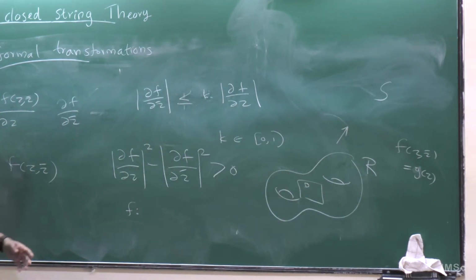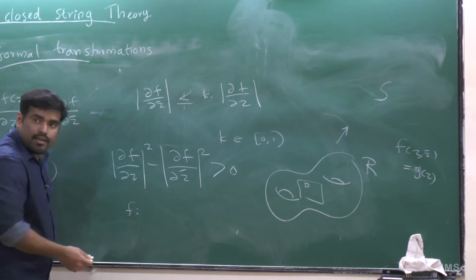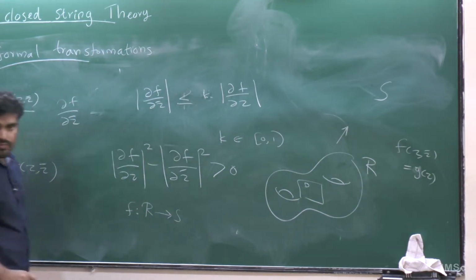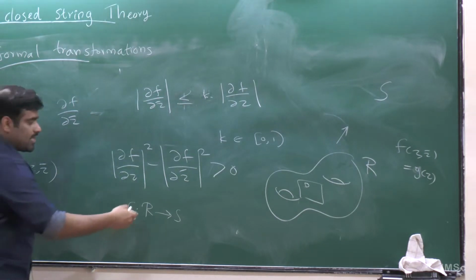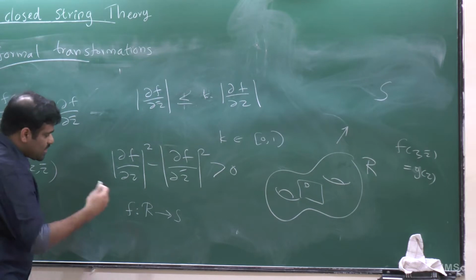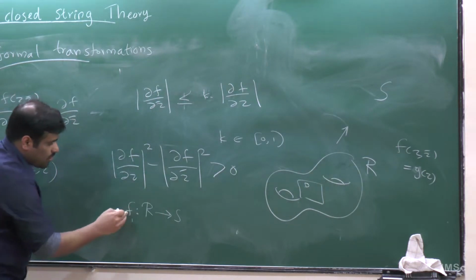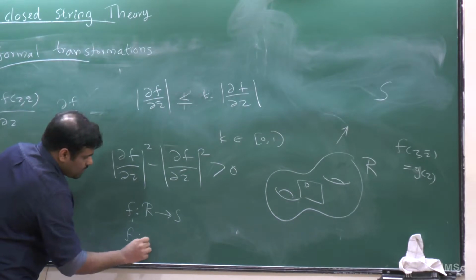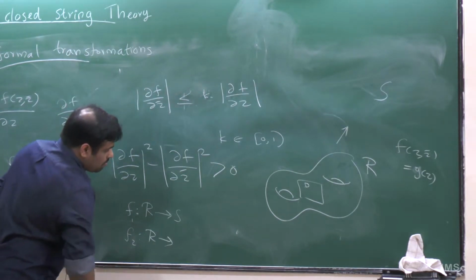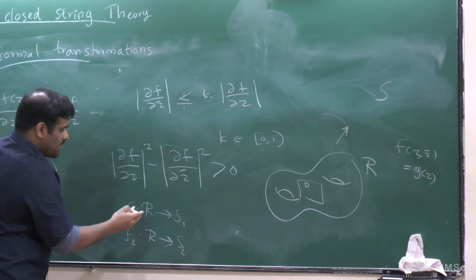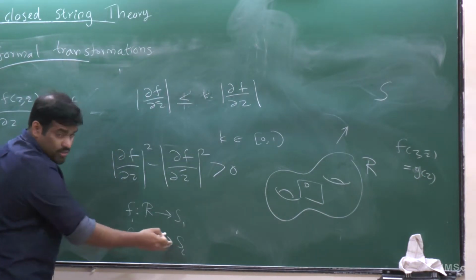So you can think that you have some arbitrary quasi-conformal transformation that takes R to S. R is a Riemann surface and S is another Riemann surface. Now let's say you have another transformation. So you have F1 that takes R to S1 and F2 that takes R to S2.